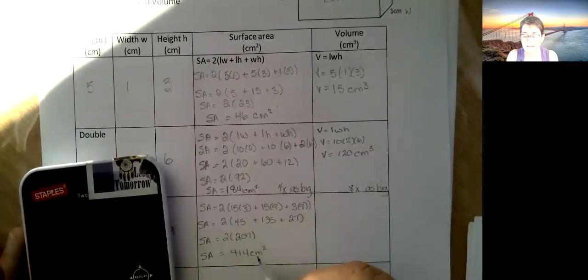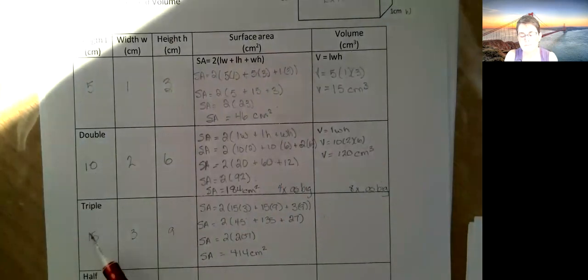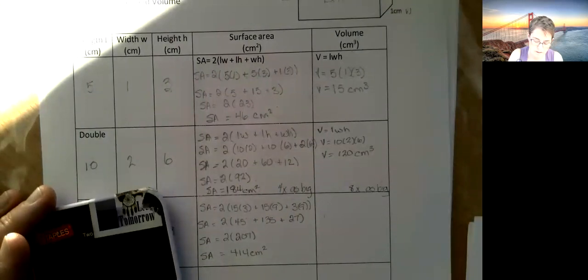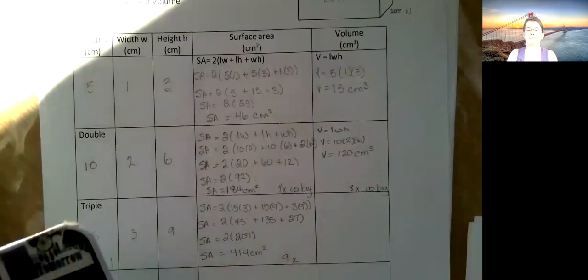I'm going to take that and divide it by 46, and let's just see. From what we know from before, if we triple it, this should be 9 times as big. Divide by 46, and it is. So I'm just going to put 9x there, 9 times as big.